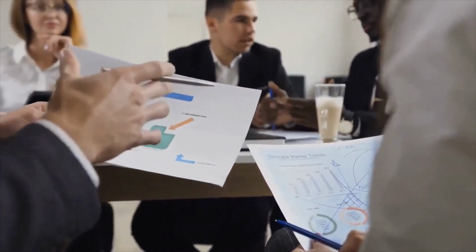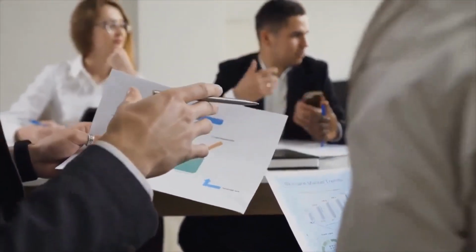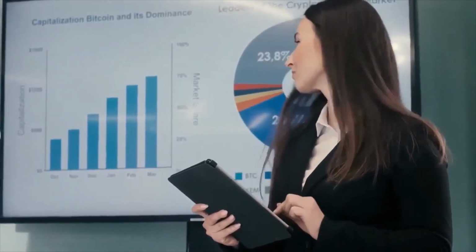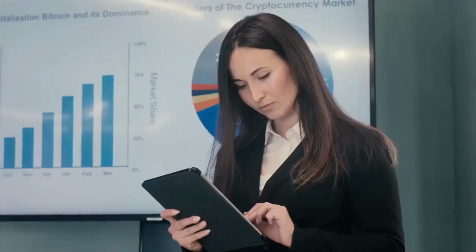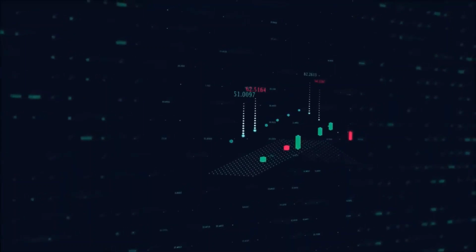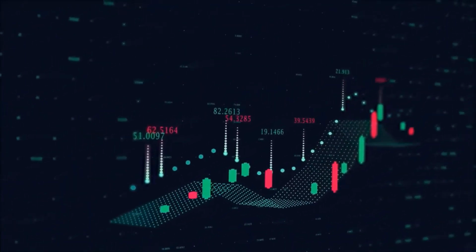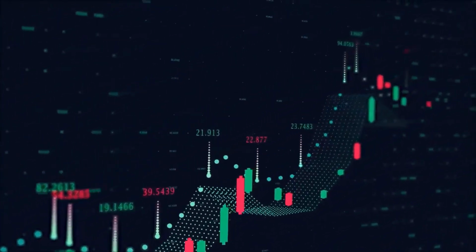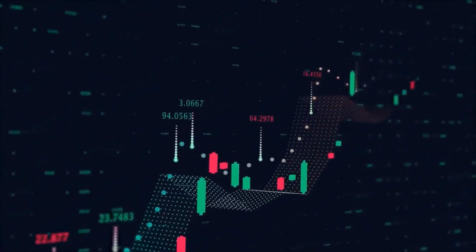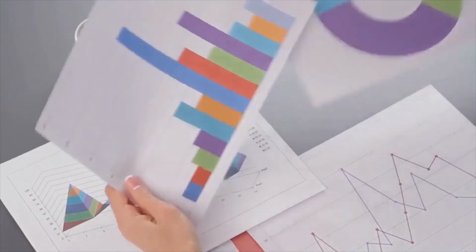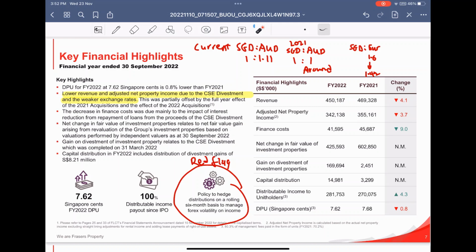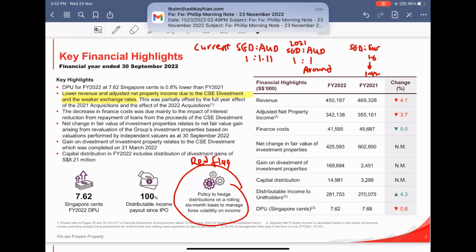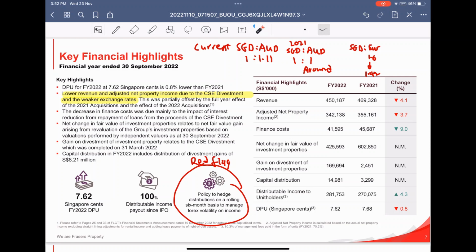So this is a very normal strategy that a lot of REITs use, and you have to take note of, because the media headlines do not really tell you that much information, and you must do your homework to read it up to make sure you know the full impact of the interest rates and the currencies hitting on the REIT itself.